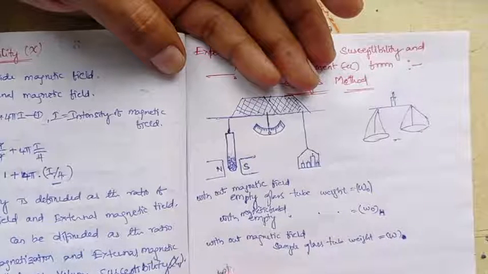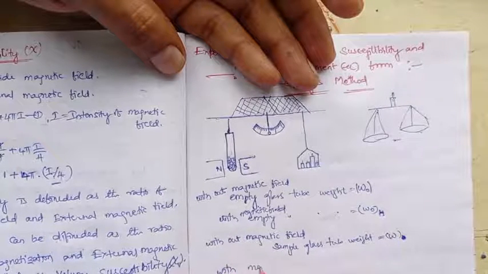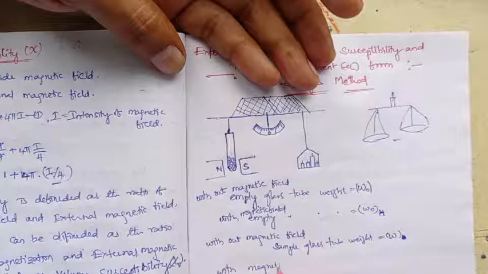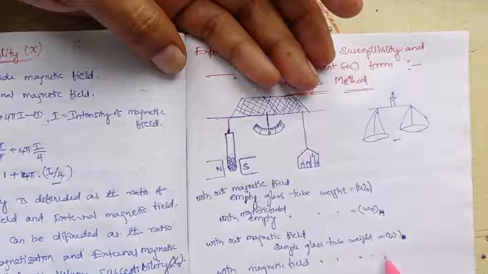And with magnetic field, the sample glass tube weight we will measure, right?